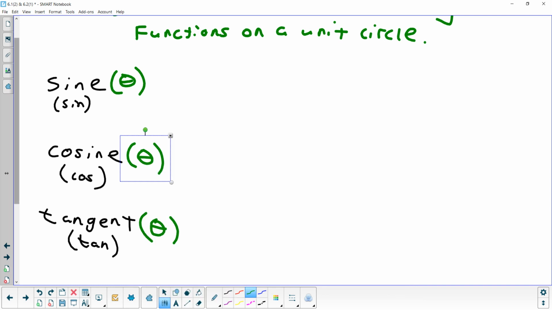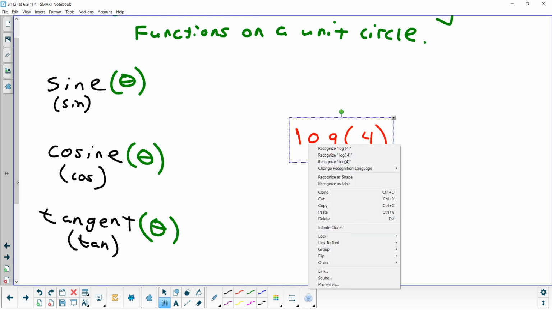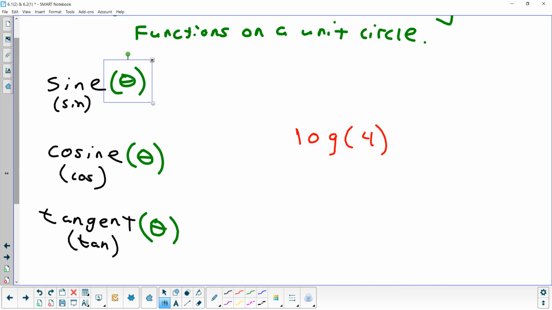It's the thing that you would plug into that function. Just like if you had, let's see, we studied logarithms earlier in the year. Log of 4. 4 is the argument. It's just the thing that I'm going to plug into the log formula. Theta is the angle that I would plug into the sine formula.